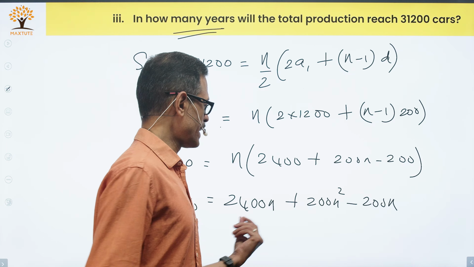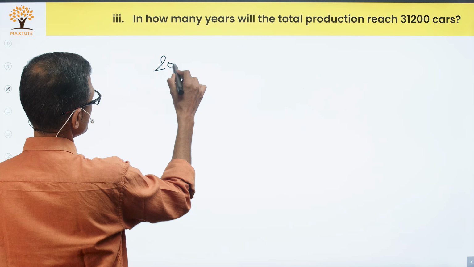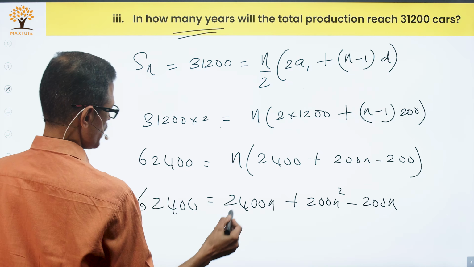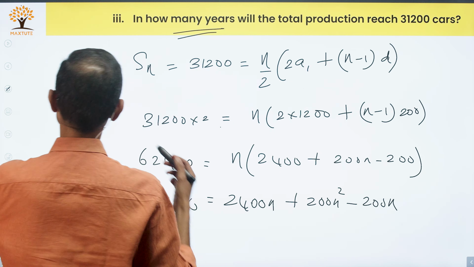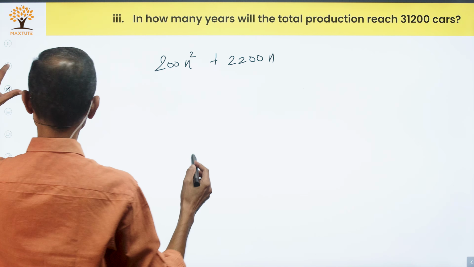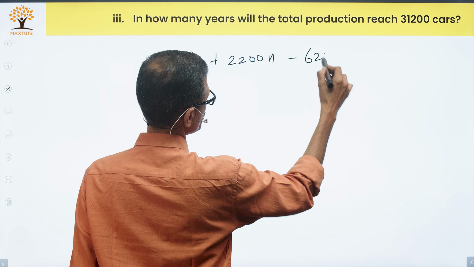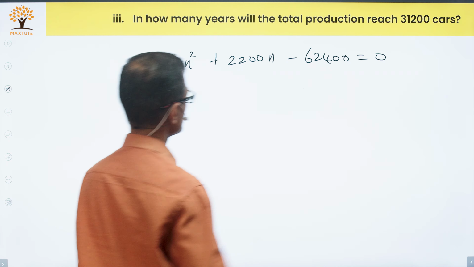Club like terms, this is going to make it 2,200n. Right hand side will be 200n square. 2,400n minus 200n is equal to 2,200n. And then let's take this term to the right hand side. 62,400 minus 62,400 is equal to 0.